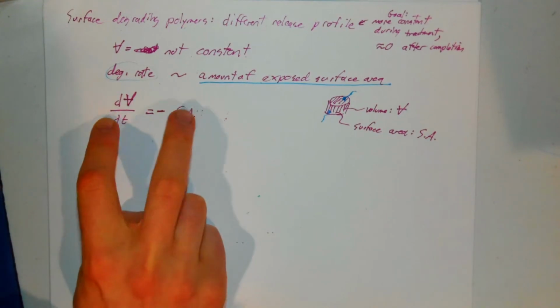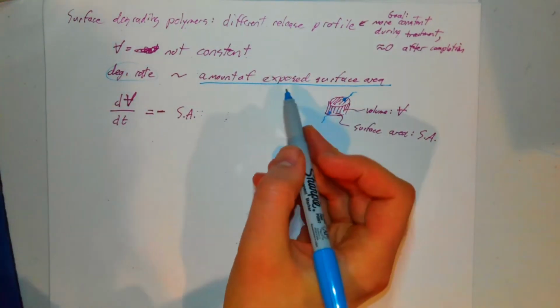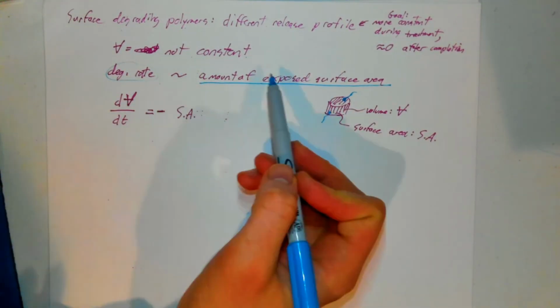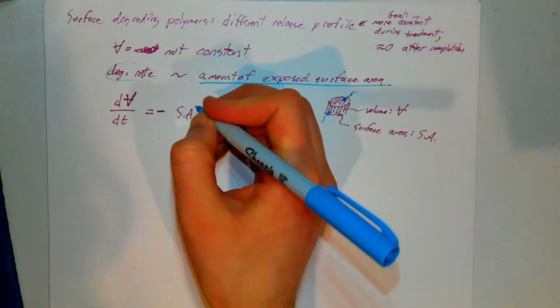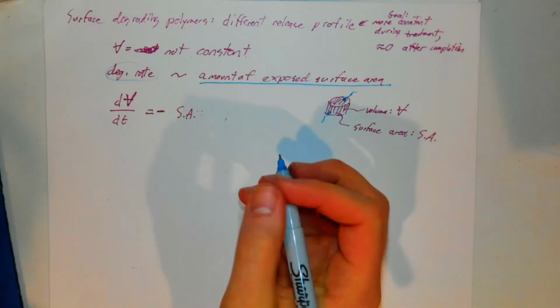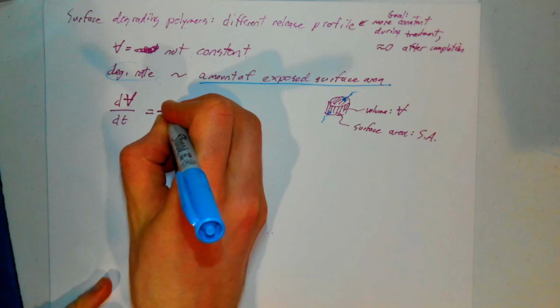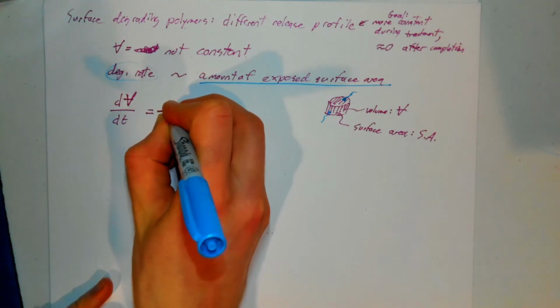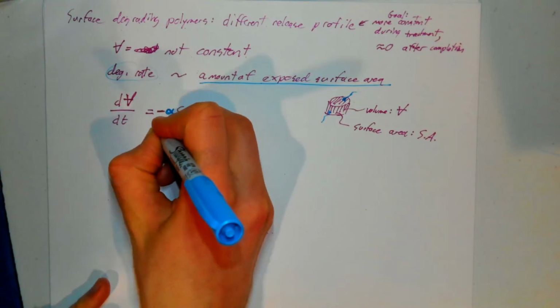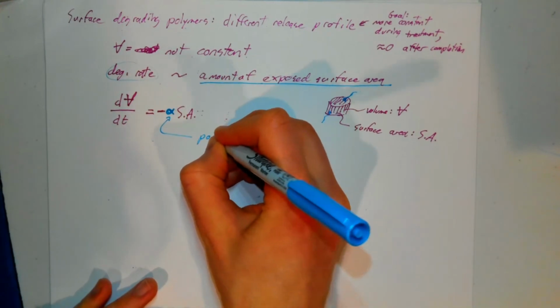Of course, the units don't line up on either side, but anytime you have something proportional to something else, you can put in a proportionality constant. I'll call this alpha.